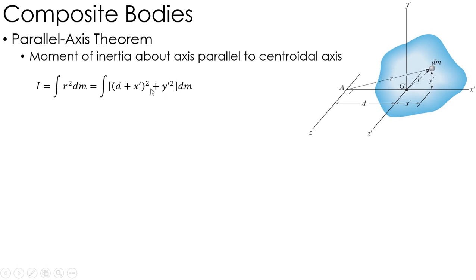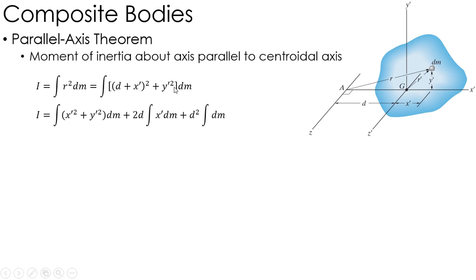The distance between the axes is d. If I use the Pythagorean theorem, that r distance from the axis to dm is actually d plus x prime, squared, plus y prime squared. That's what r squared actually equals. So I plug that in for r squared.